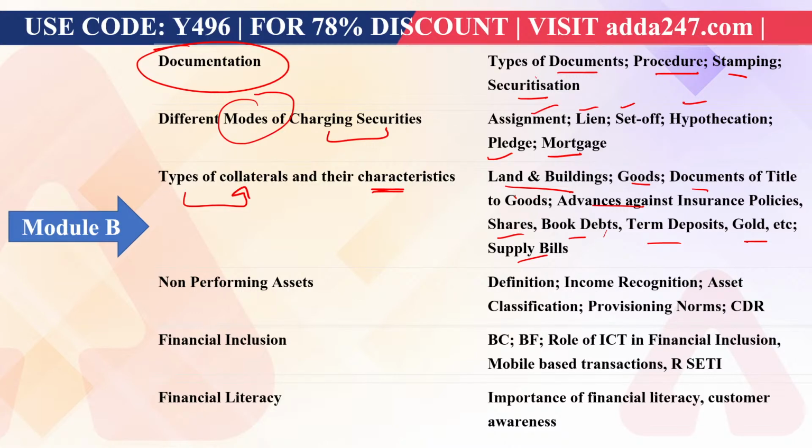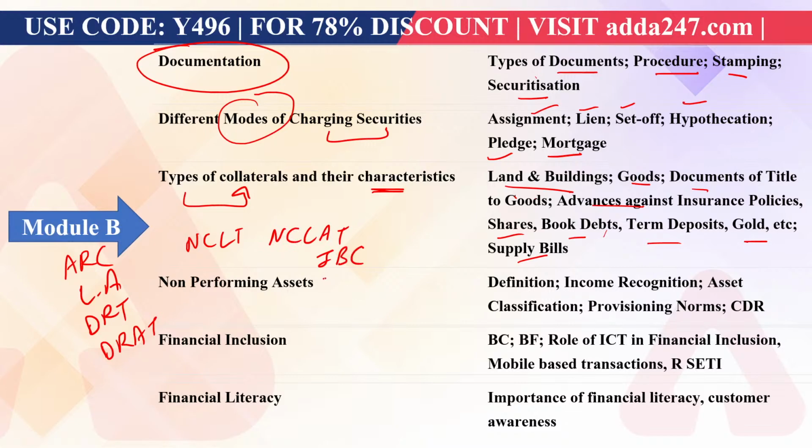And what are the different methods of recovering the NPA, we have to cover that also, like asset reconstruction company, then we have Lok Adalat, then we have DRT, then we have DRAT, then we have NCLT, then we have NCLAT, then we have IBC, then we have SARFAESI Act, etc. So all these are the methods of recovering NPA. We have to cover all.